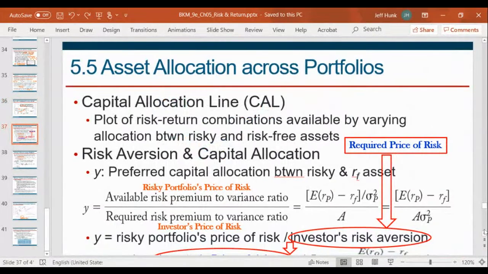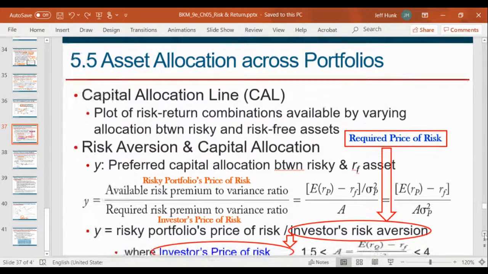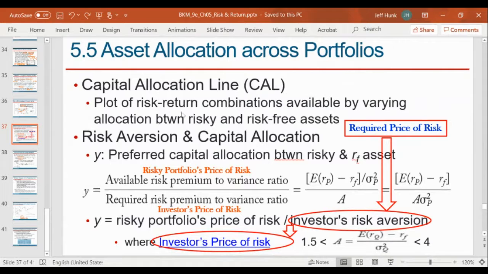But that's a topic we are going to discuss in the next chapter, not right now. The capital allocation line is a plot of risk-return combinations available by varying the allocation between risky and risk-free assets.